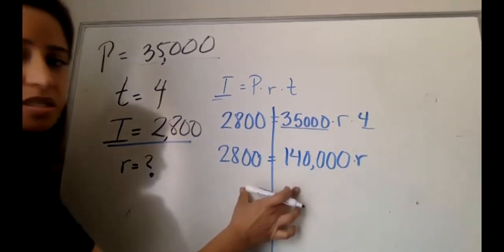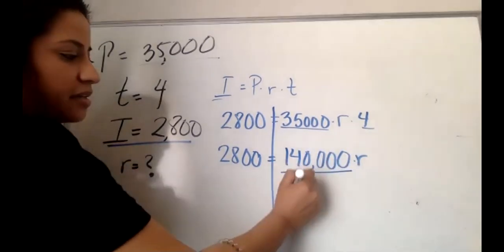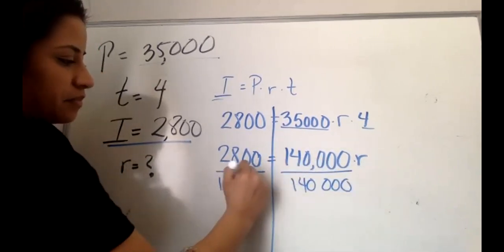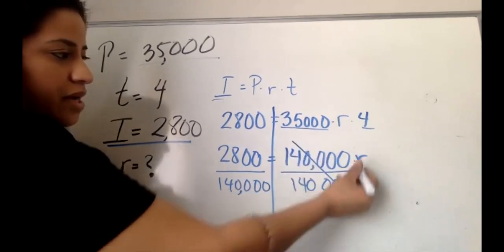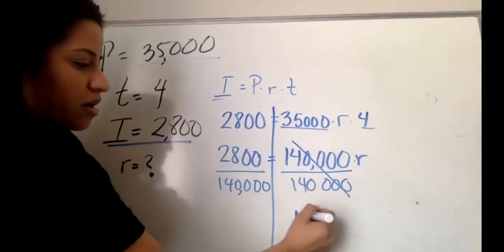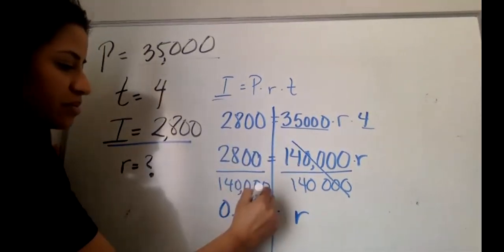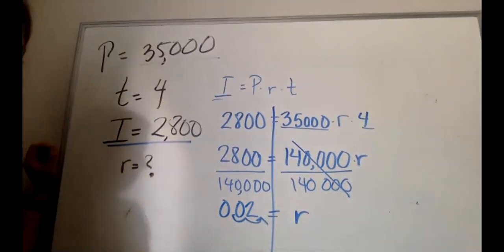Okay, same thing. This is a one-step equation. We need to get rid of this number right here. So we're going to divide both sides by this number. This goes away. That was the whole point. And then we have R equals, when you divide this and you put that into a calculator, you get 0.02. Move the decimal 2 times to the right to turn it back into a percent.